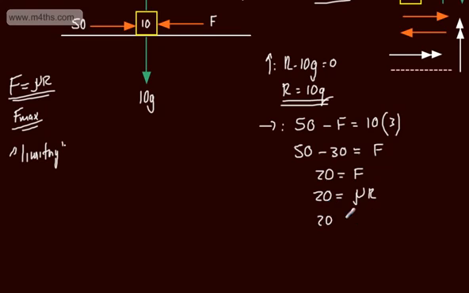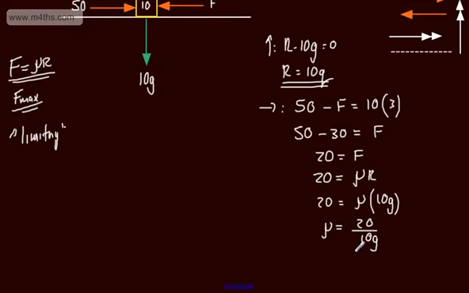So we can say that 20 is equal to mu, which we need to find, the coefficient of friction, multiplied by 10g. Okay, so we could just simply divide through and say that 20 over 10g is equal to mu. So what we've got then is 2 over 9.8. So that is going to be the coefficient of friction.